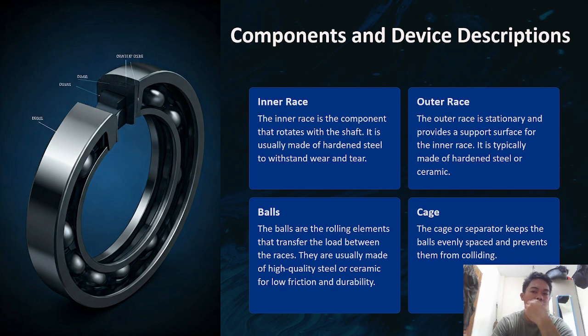So in this component and device description, each component of the ball bearing, the inner race, outer race, balls, and the cage, plays a vital role in the system's smooth functionality. Together, they work to enable smooth motion, distribute load evenly, and enhance the durability of the machinery.